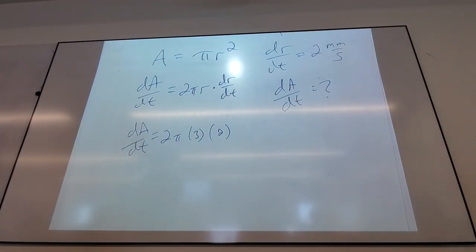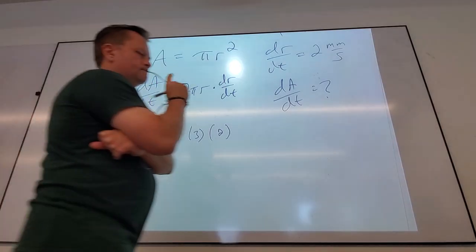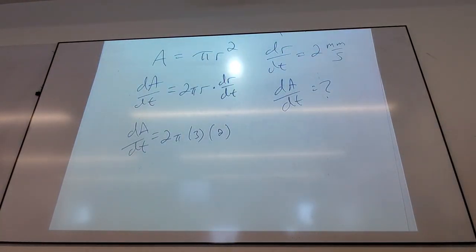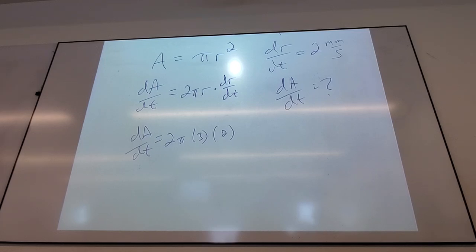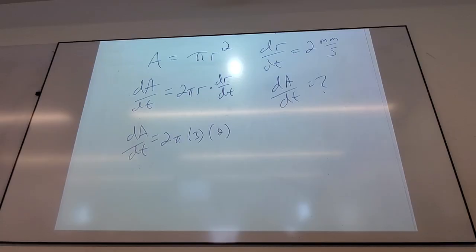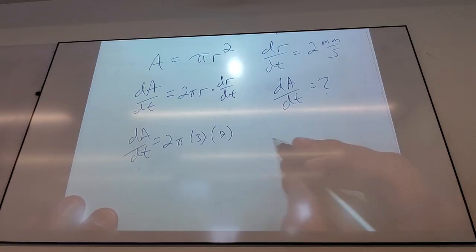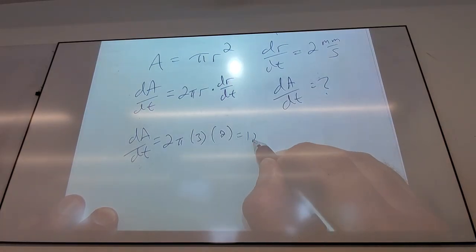So let's see, what do we get? We get 12 pi, right?